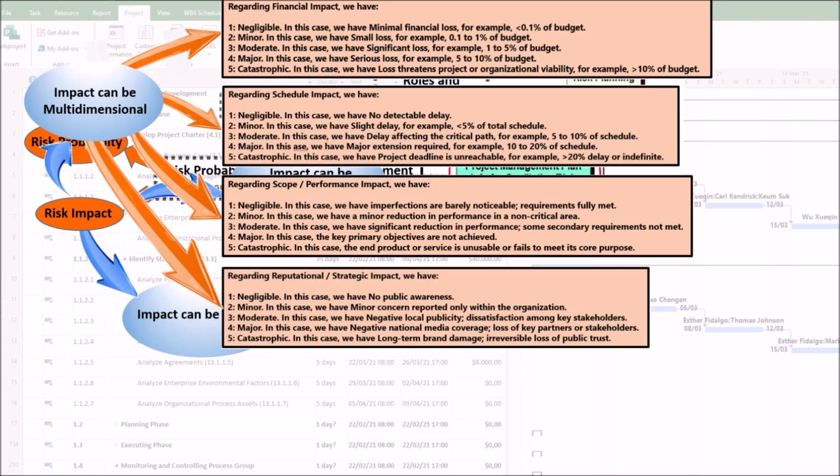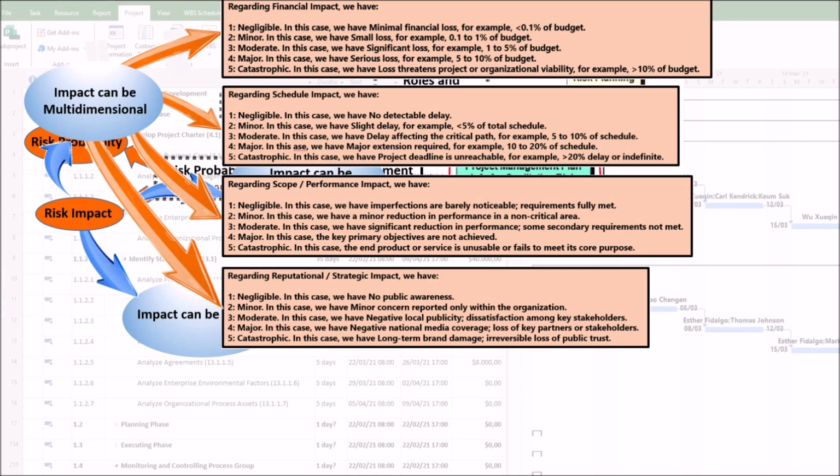Regarding reputational or strategic impact, we have first, negligible. In this case, we have no public awareness. Second, minor. In this case, we have minor concern reported only within the organization. Third, moderate.